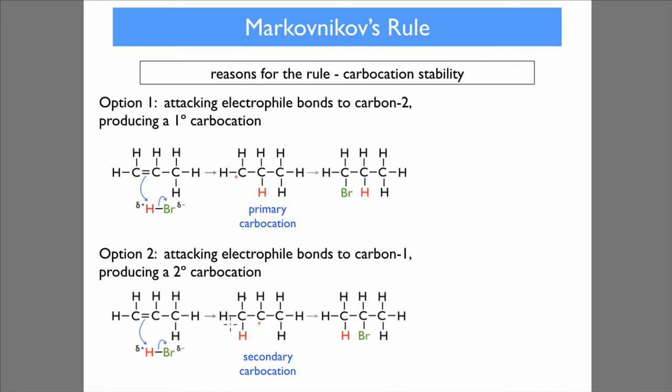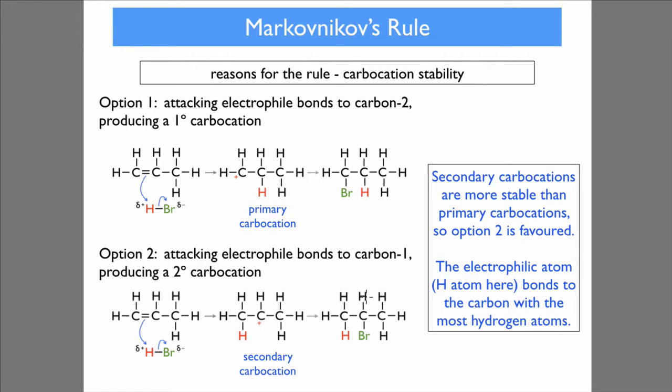You can see here we have two methyl groups. It can stabilize that positive carbocation, and in this case that would get a bromine on the second carbon. So secondary carbocations are more stable than primary carbocations. Option 2 is favoured. The electrophilic atom, hydrogen here, bonds to the carbon with the most hydrogen atoms.